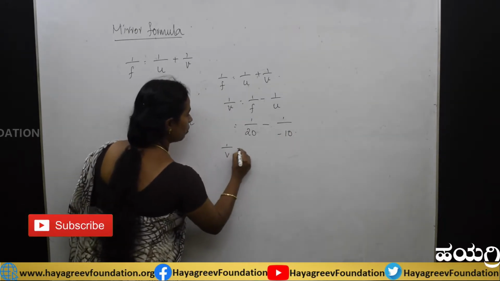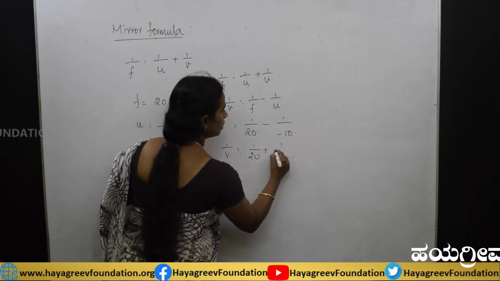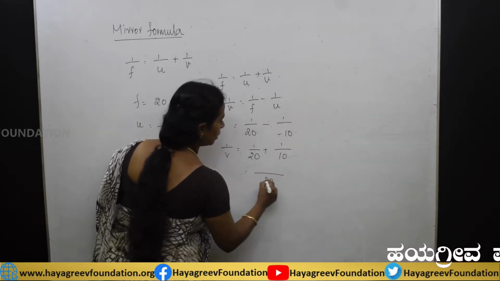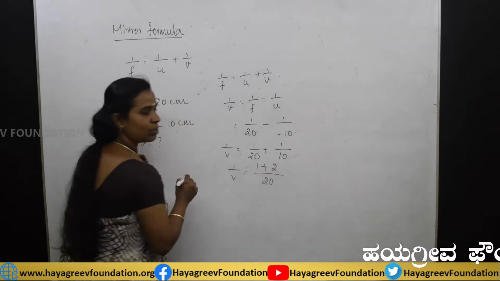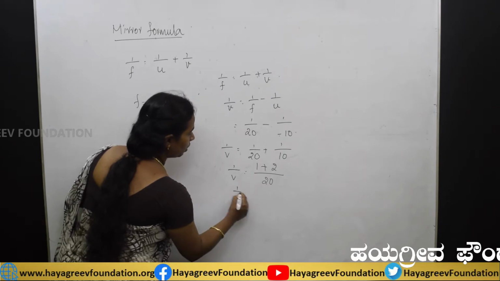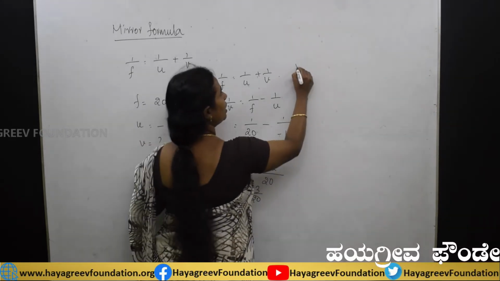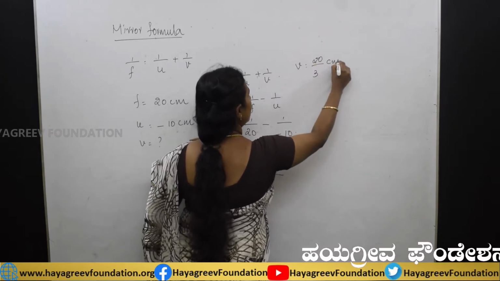So 1 by v equal to 1 by 20, minus into minus is plus 1 by 10. Taking the LCM, that is 20, we get 1 plus 2. So 1 by v equal to 3 by 20. So v is 20 divided by 3 centimeter.